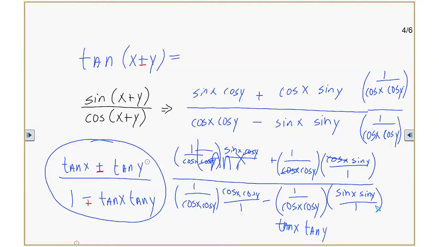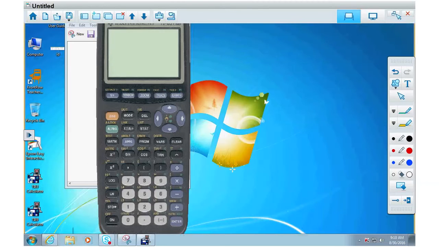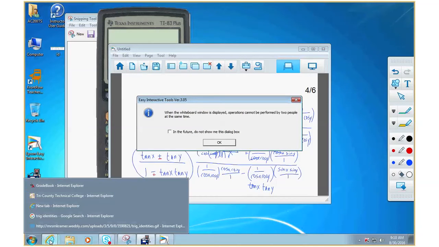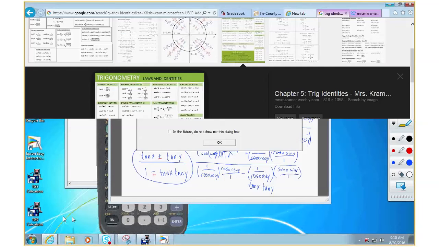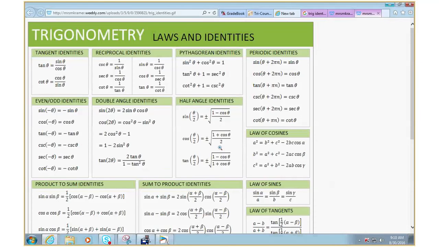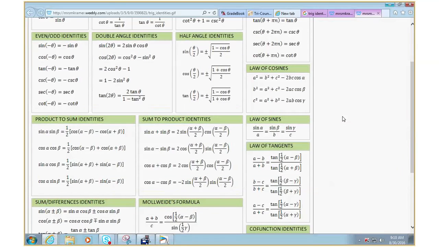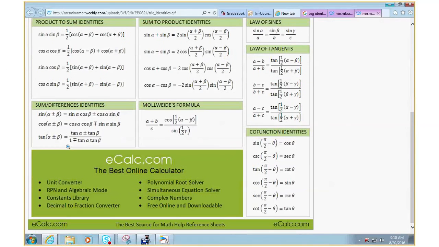Okay, now, with just what you've learned today, that's all 3 of the additive identities, and if you look on your handy dandy sheet, I'll put it back up, hold on. There we go.